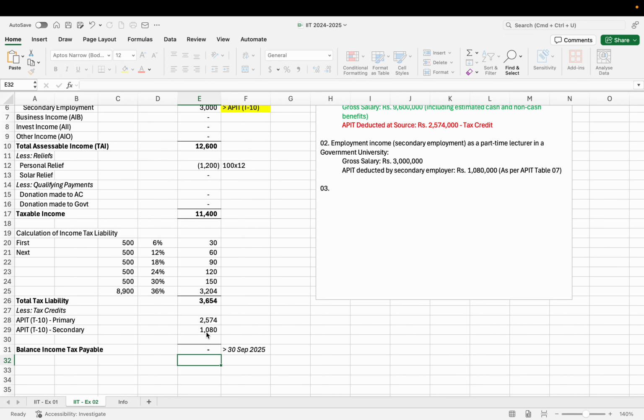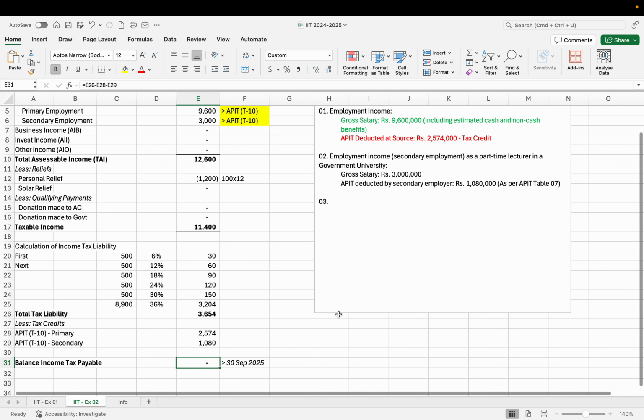This one minus this, nothing is payable, because if the employer has done the proper job and deducted the proper tax, then there is no need to pay any additional tax, because they are following the tax table. It all automatically becomes equal. That's the way the APIT tables have been calculated and published.